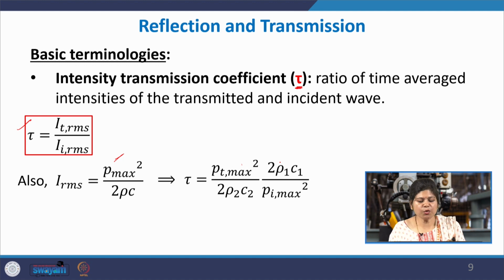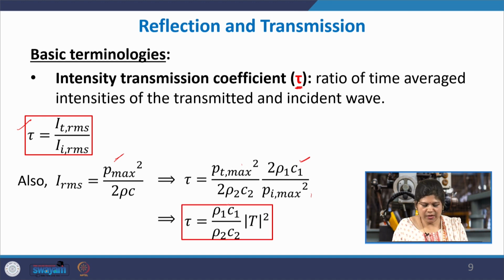Here the transmitted wave is in medium 2, so we are dividing Pt max whole square by 2 times rho 2 C2, and the incident wave is in medium 1, so here we have rho 1 C1. We club it together, and we get rho 1 C1 by rho 2 C2, and Pt max by Pi max whole square is the square of this, because T is a complex function. So, directly the magnitude square we are taking for the pressure transmission coefficient.